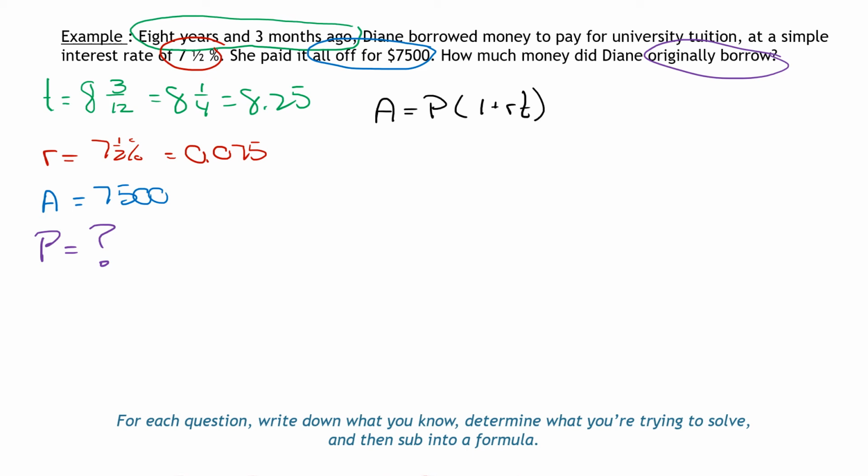Remember, our amount was 7,500, and that's equal to, P is our unknown, 1 plus the rate was 0.075 times the time, and the time is 8.25.